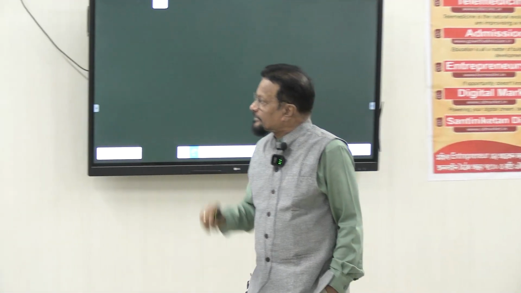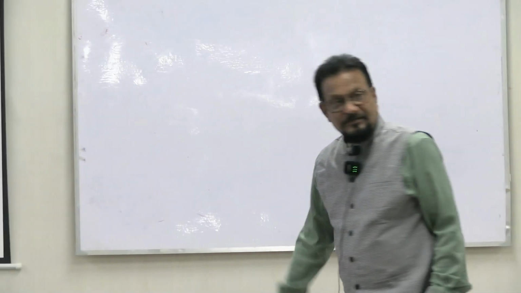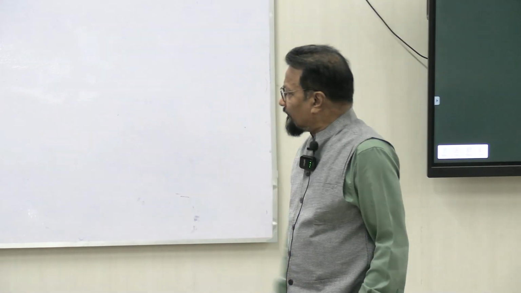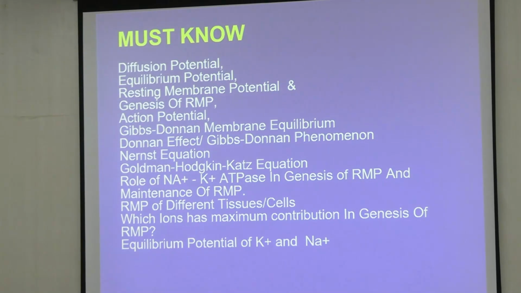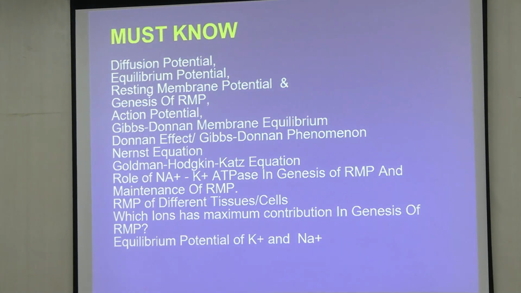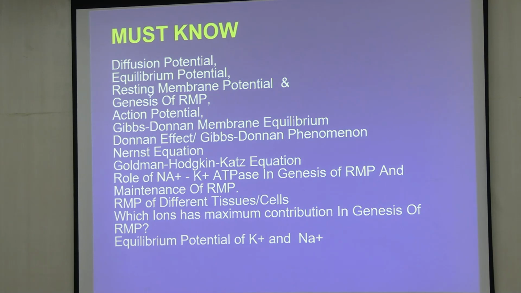There is another equation, the Goldman-Hodgkin-Katz equation, and what is this equation for? We'll discuss. And the role of sodium-potassium ATPase, that is the sodium-potassium pump, in the genesis and maintenance of resting membrane potential.